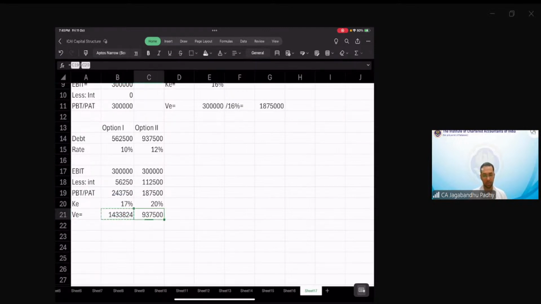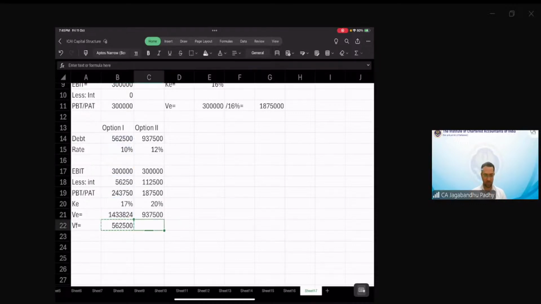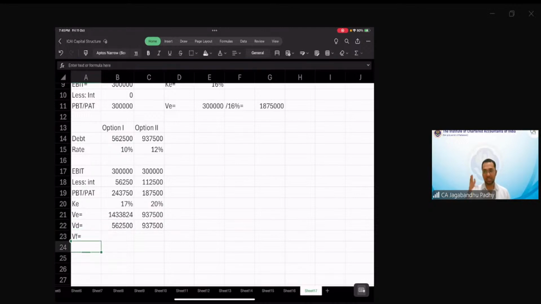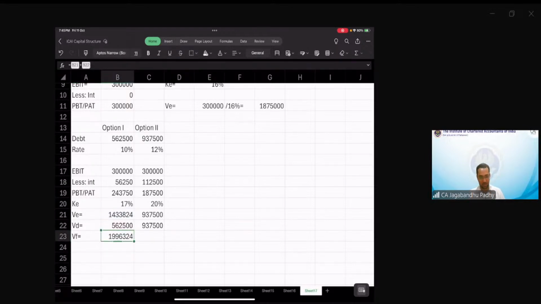So this is the value of equity in both cases. We know the value of debt, guys. Value of firm will be just the addition of both, which is value of equity plus value of debt.